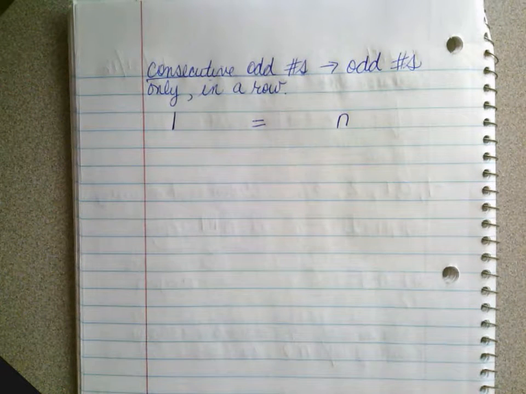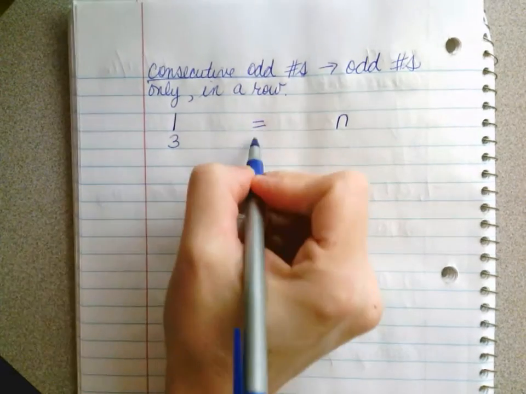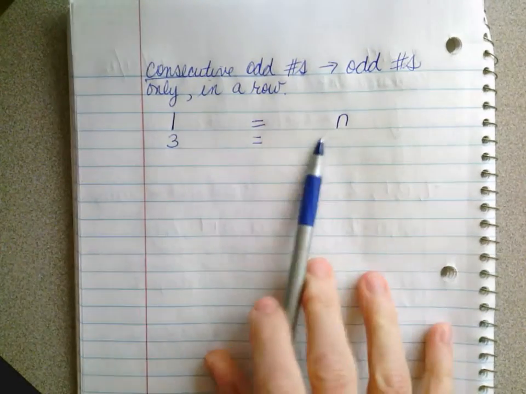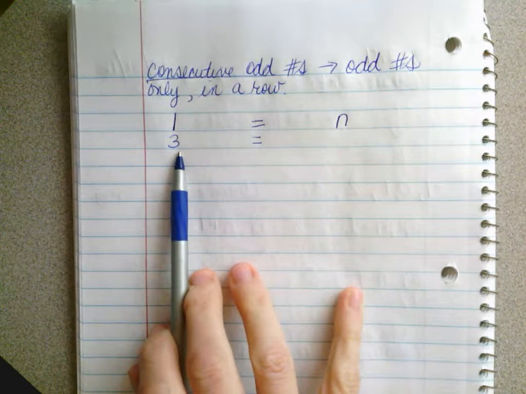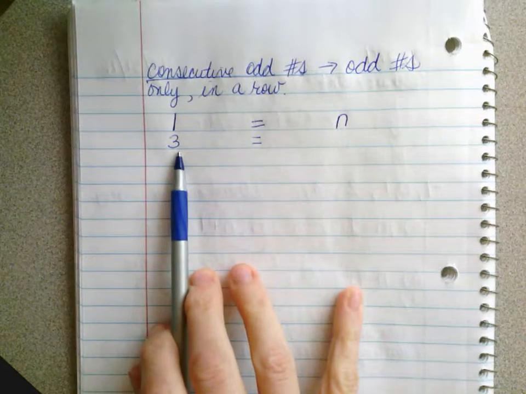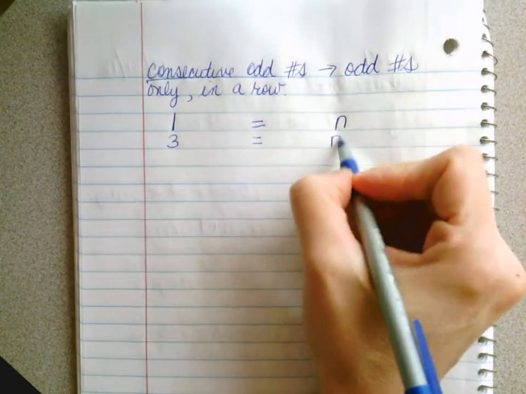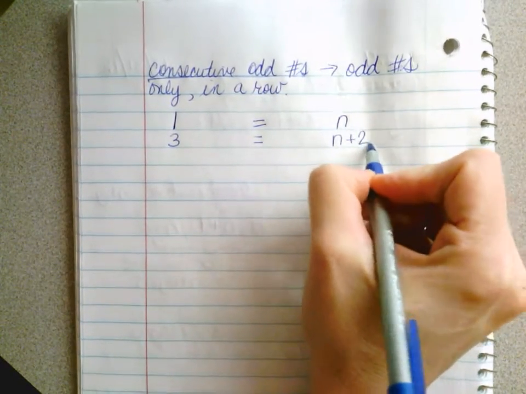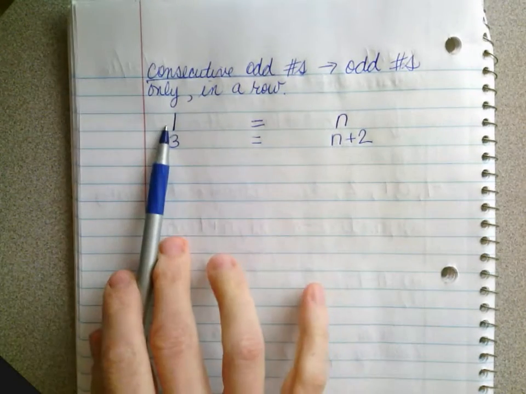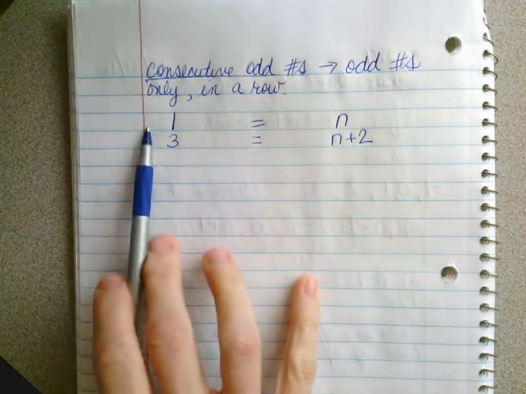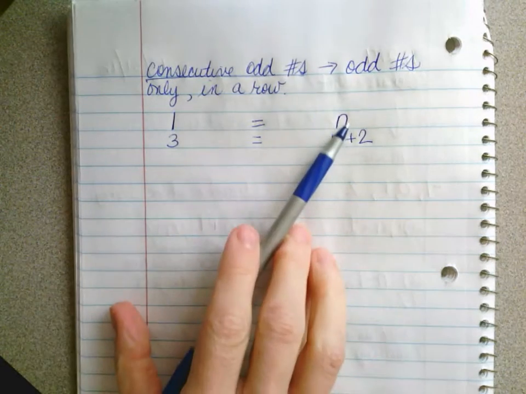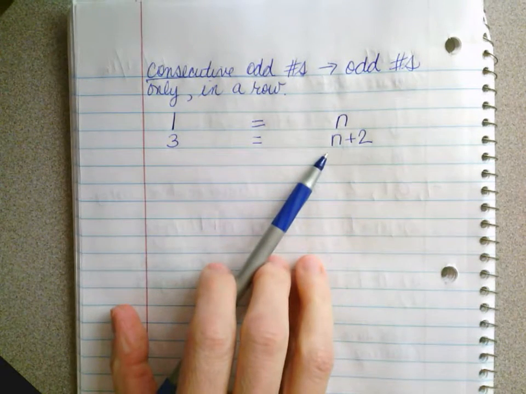What is the next odd number after 1? 3. What must I add to 1 to get it to 3? Nope. 2. You would add 2. So n is 1. If you wanted to increase that 1 to a 3, you would have to add 2 to it.